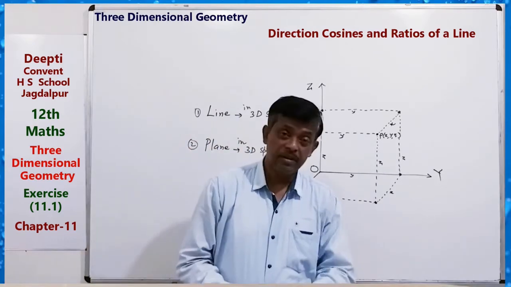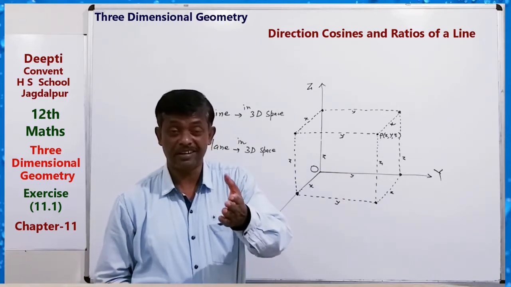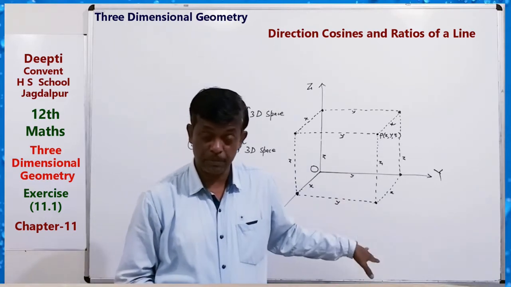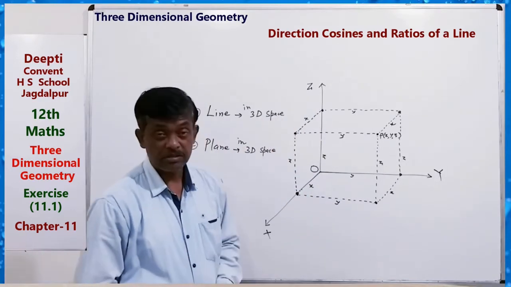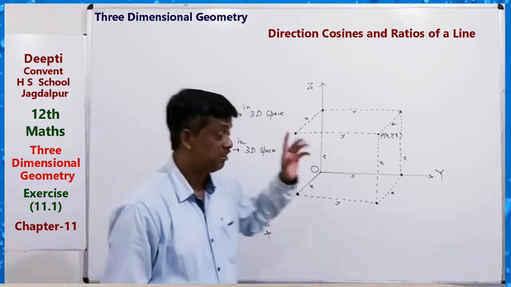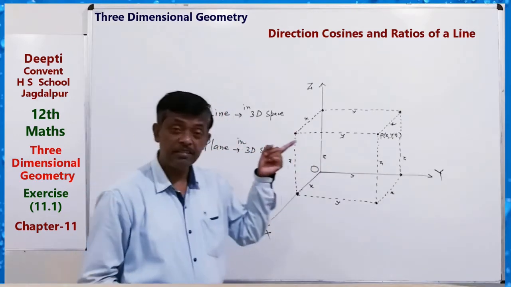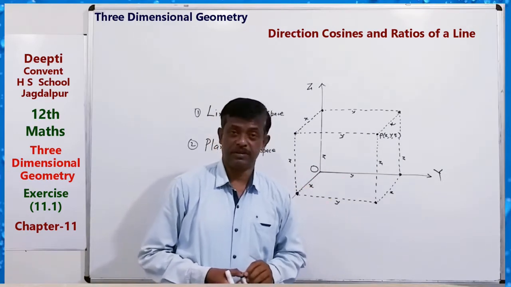We have already studied direction ratios and cosines in the previous chapter in vector form. So here we use vectors to study these lines and planes in three-dimensional geometry.